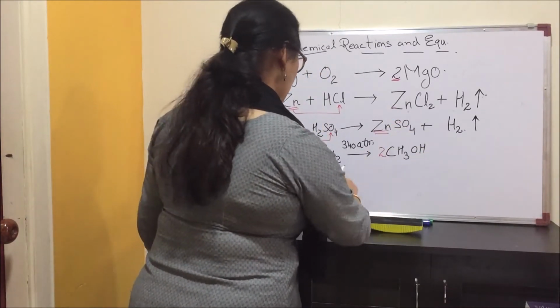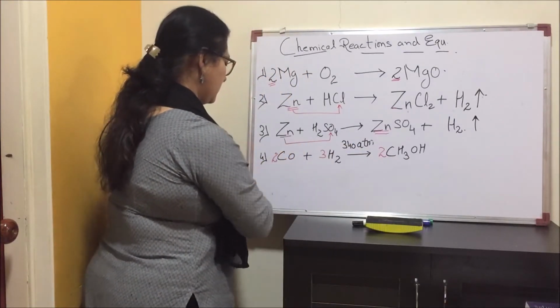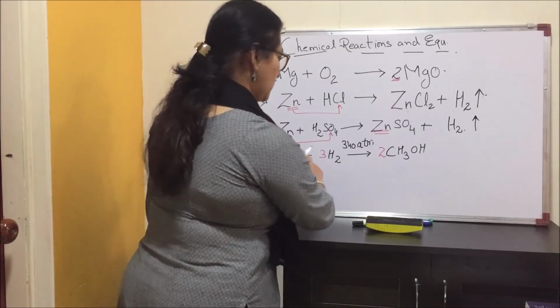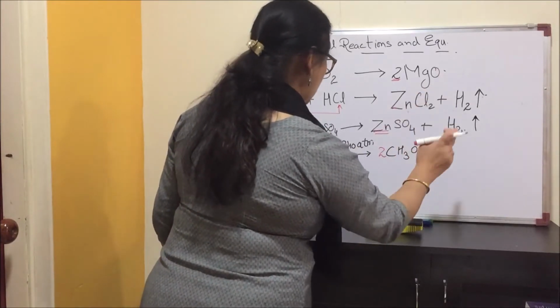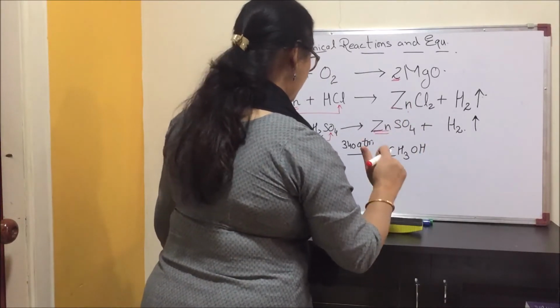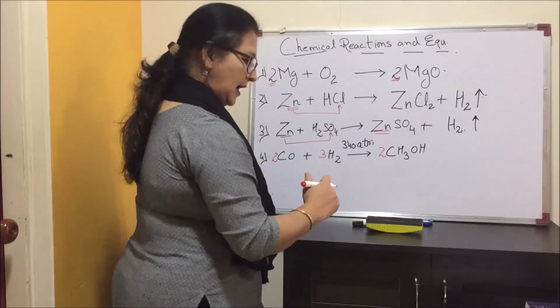Okay, carbon is 2 over here, oxygen is 2, carbon is 2, but what about hydrogen? Hydrogen is still not balanced, so you need to balance hydrogen.